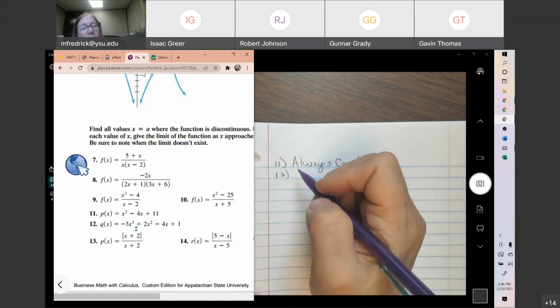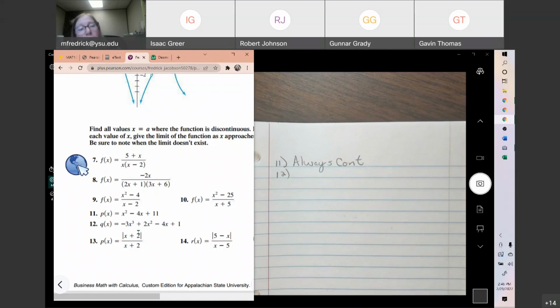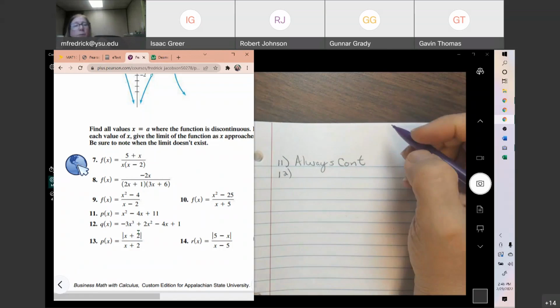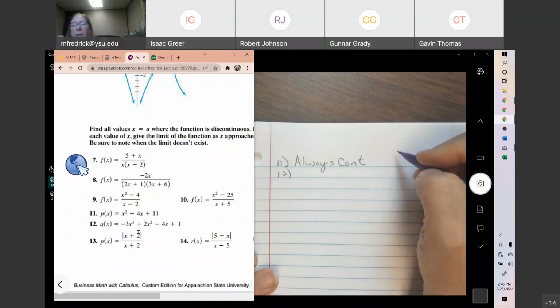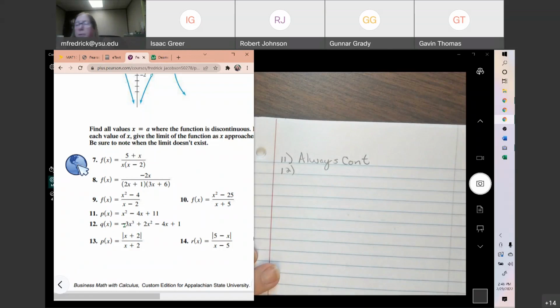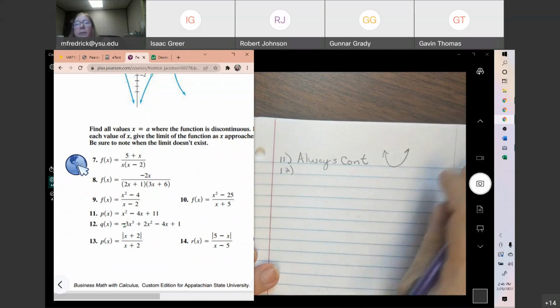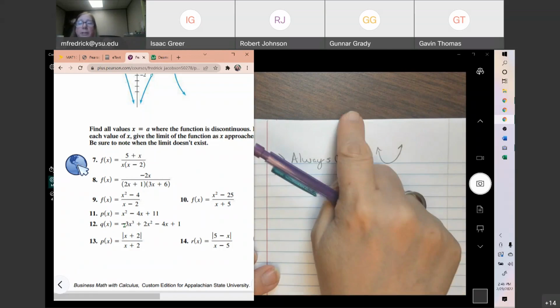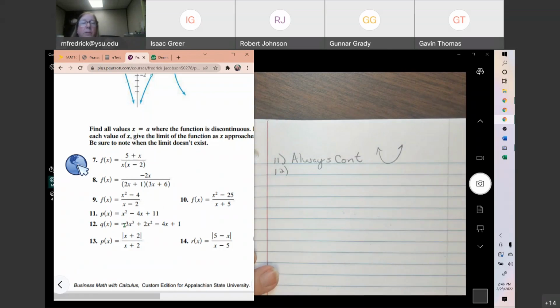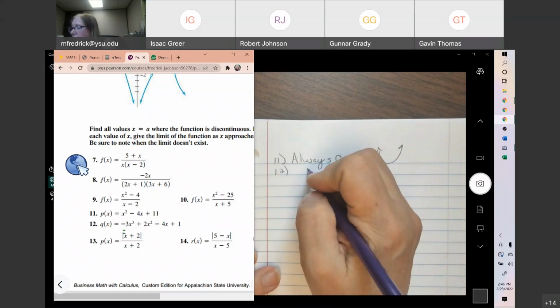Number 12 is also, it's a cubic function. With the first one, x squared is a parabola. Because the squared is positive, it's going up. And that would be your graph. So if you graphed it and traced it, it's always continuous, no breaks. The same thing with this one, it's a cubic function. Because the 3 in front is negative, it's going down.